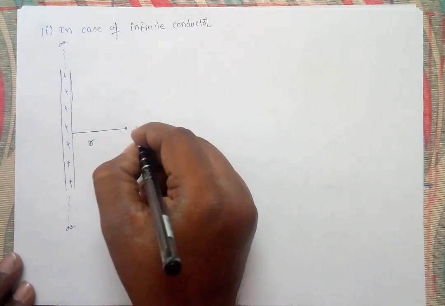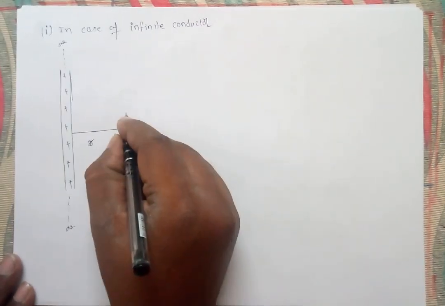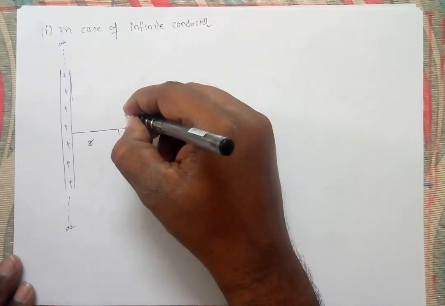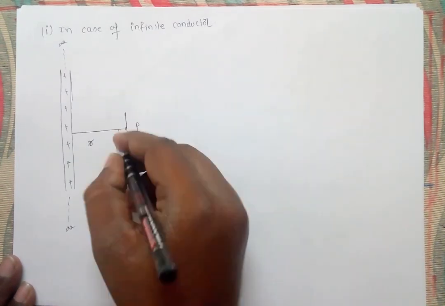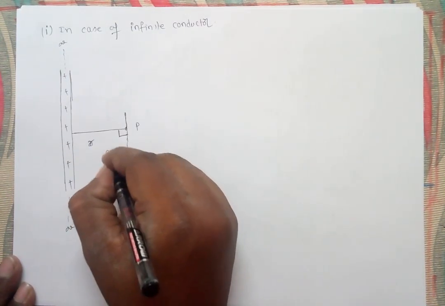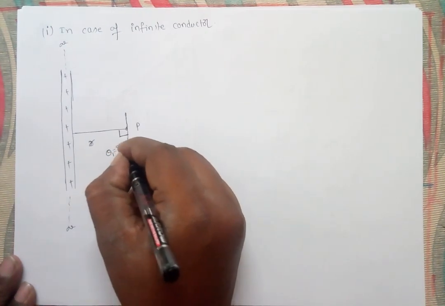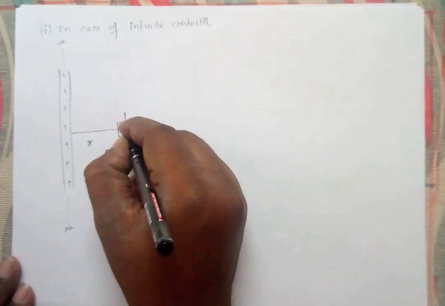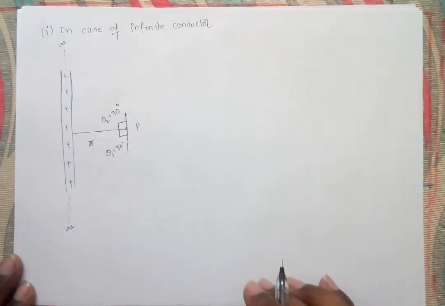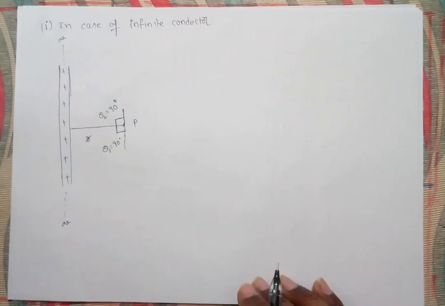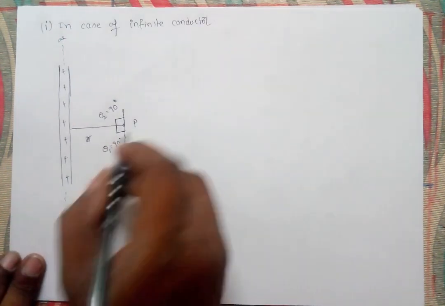Then at this point P, theta 1 becomes 90 degrees and theta 2 becomes 90 degrees. With theta 1 and theta 2 both 90 degrees, we have the result.